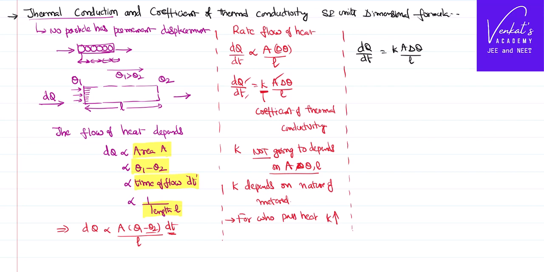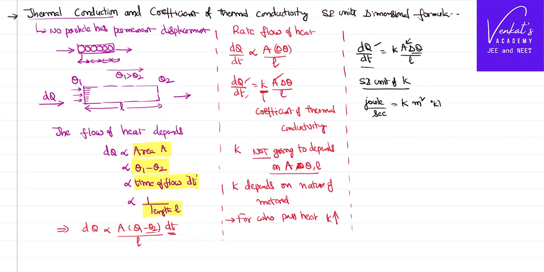Now I have to write the SI unit of K, the coefficient of thermal conductivity. dq is heat, measured in joule, dt is time, measured in second. K you have to find out. Area of cross section in SI system is meter square.